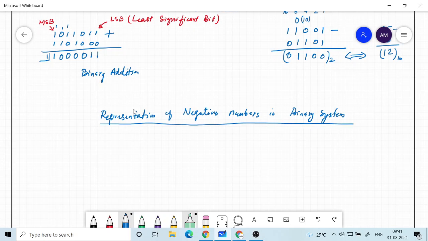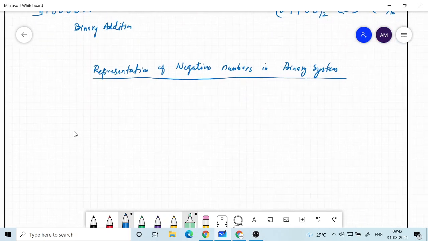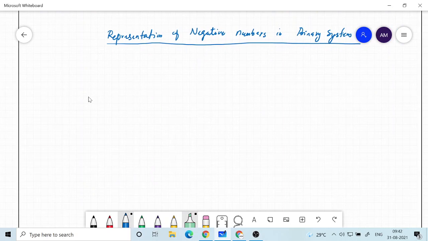There are at least 3 ways in which you can represent negative numbers. The common way we represent negative numbers in the decimal system is basically to use a plus or minus symbol. If it is a positive number, we usually don't put any sign; if you write something like 134, it is assumed to be a positive number.